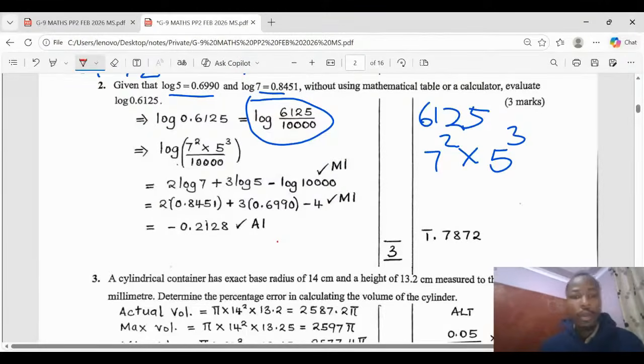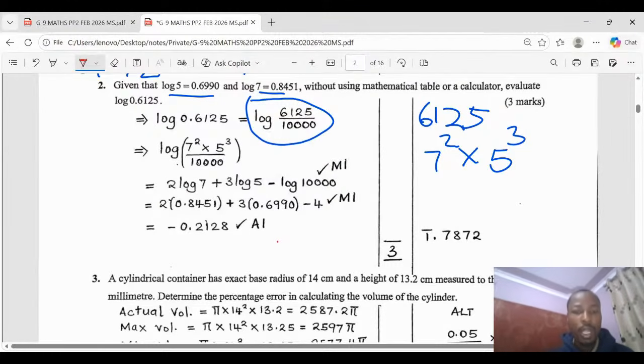From there, you come out with the rules. For logs, when we are multiplying, you are supposed to add, and when we are dividing, you are supposed to subtract.